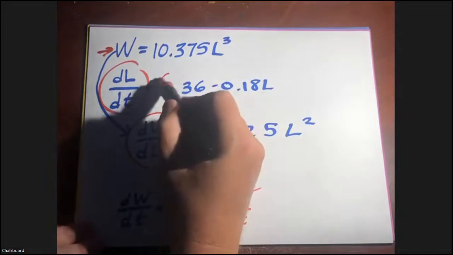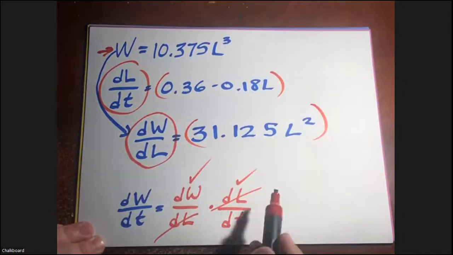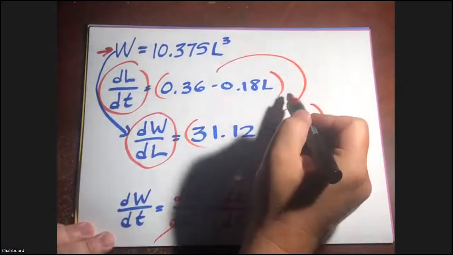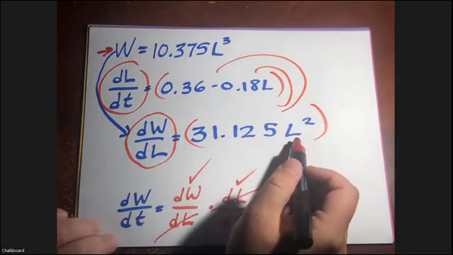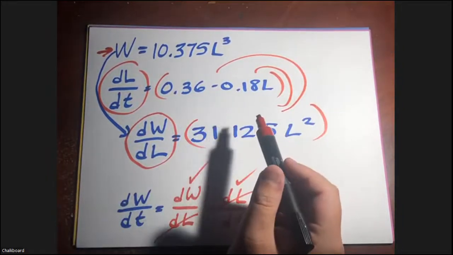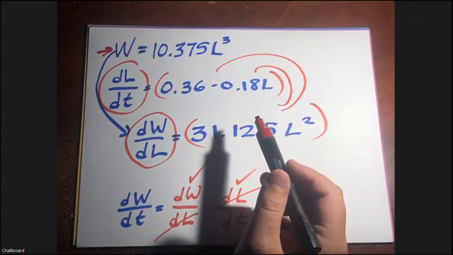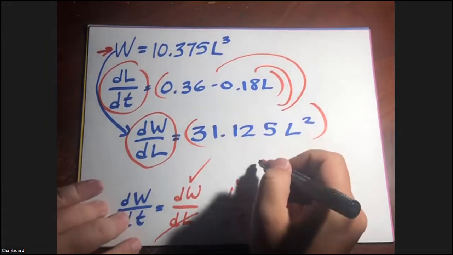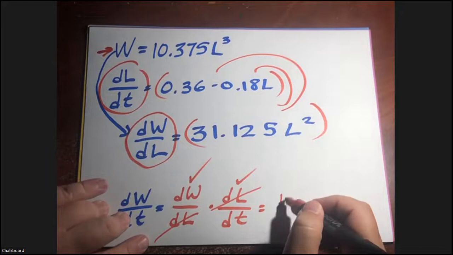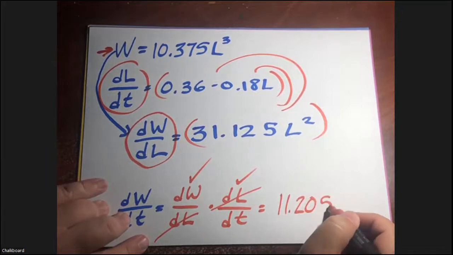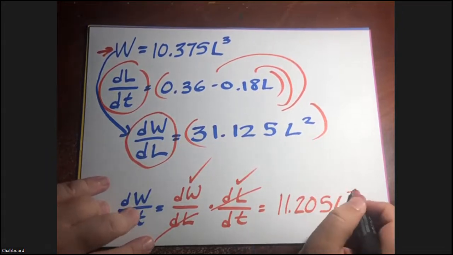So what happens when I multiply this times this? It's going to be a distributive property, isn't it? It'll be this number times 0.36, which is 11.205, and that's L squared.